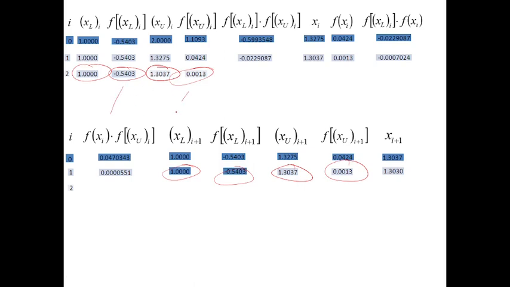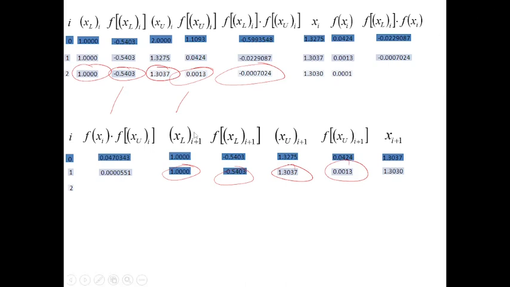Ito at saka ito. Lilitaw ay ito. Then, x sub i, applying step 2, ang lilitaw ay 1.3030. Okay? And then, evaluate natin ano yung ln 1.3030 minus cosine 1.3030: 0.0001.